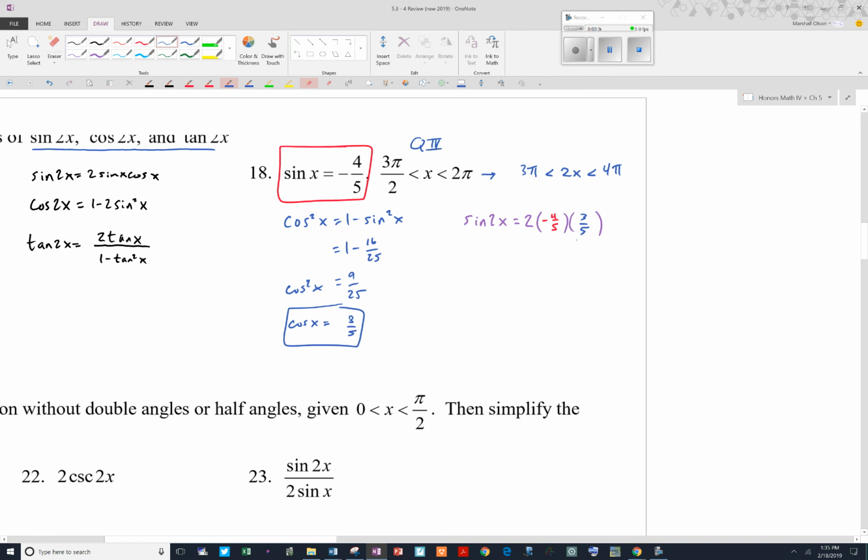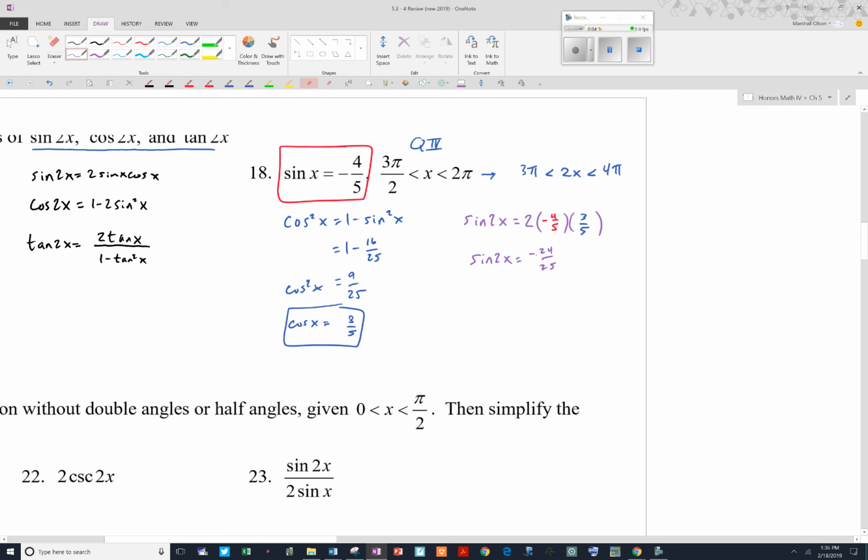So we're going to have a negative answer here because we have 2 times a negative times a positive. 12 times 2 is 24 over 25. All right, and so that is the sine of 2x. The sine of 2x is equal to negative 24/25ths.